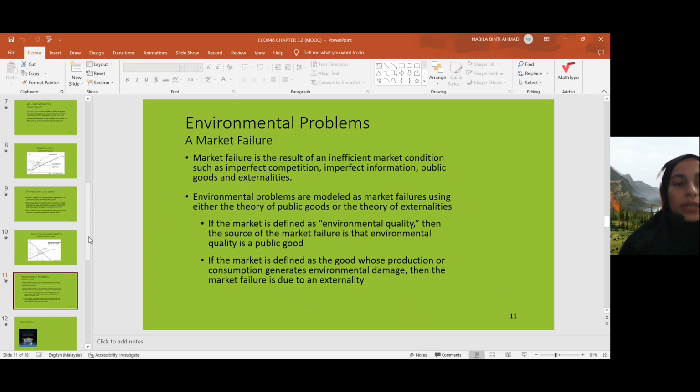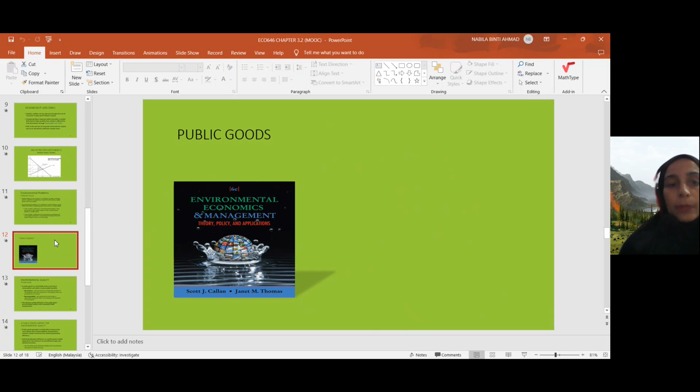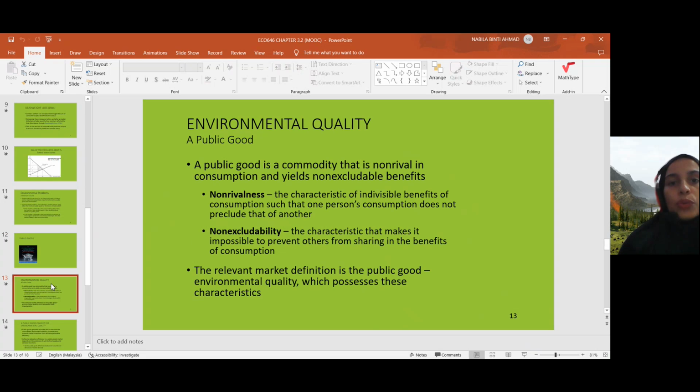So our concern in this chapter is that we're going to look at the public goods, right? So what is public good? Public good is a commodity that is non-rival in consumption and yields non-excludable benefit. These are the features of the public good: non-rivalness and non-excludability. Non-rivalness is the characteristic of indivisible benefit of consumption, such that one person's consumption does not preclude that of another.